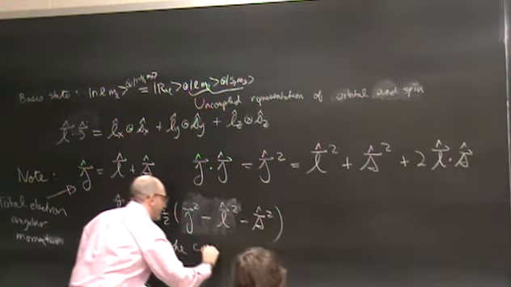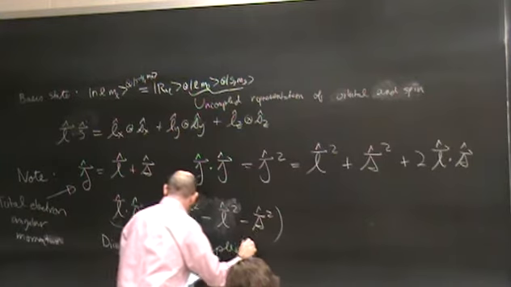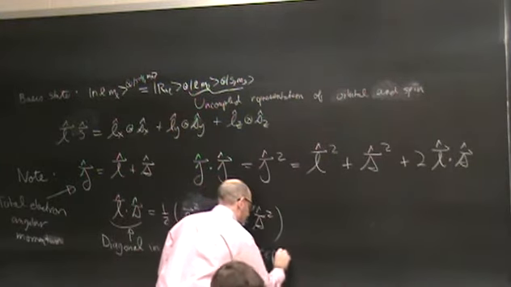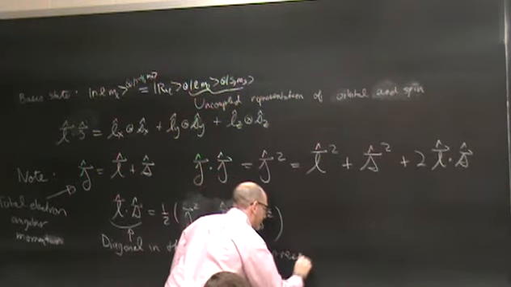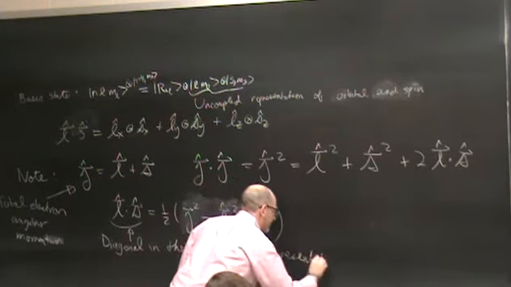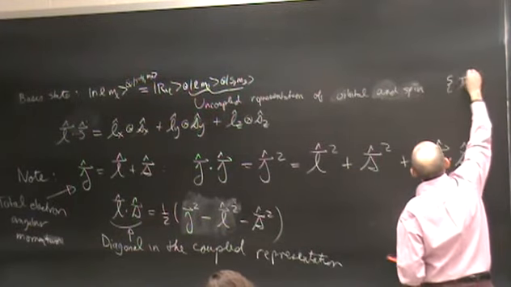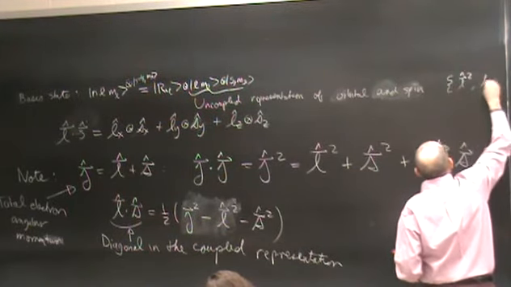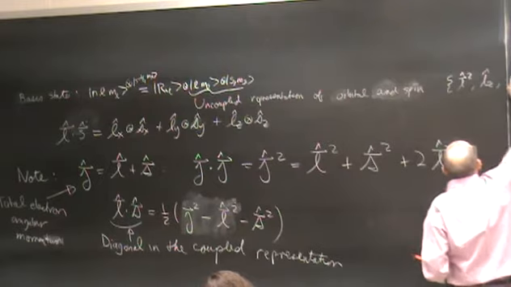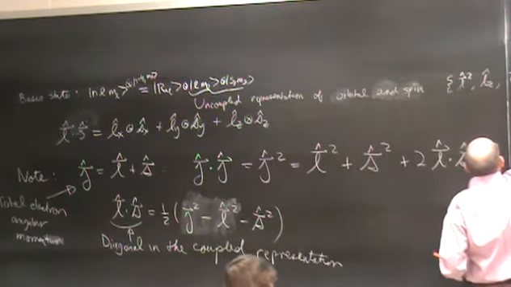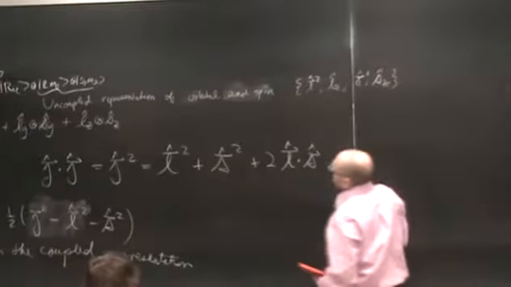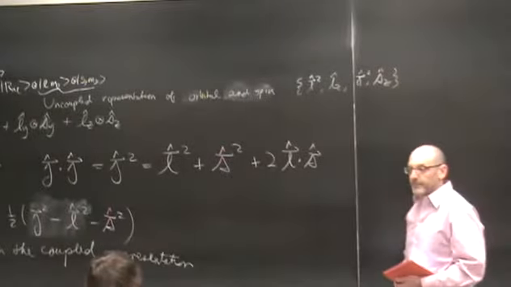What is the coupled representation? Let's remind ourselves about that. So the uncoupled representation were simultaneous eigenstates of L squared, Lz, S squared, and Sz, right? That was the uncoupled representation.